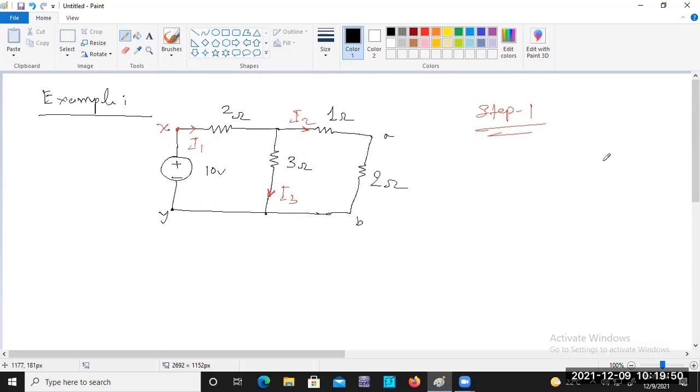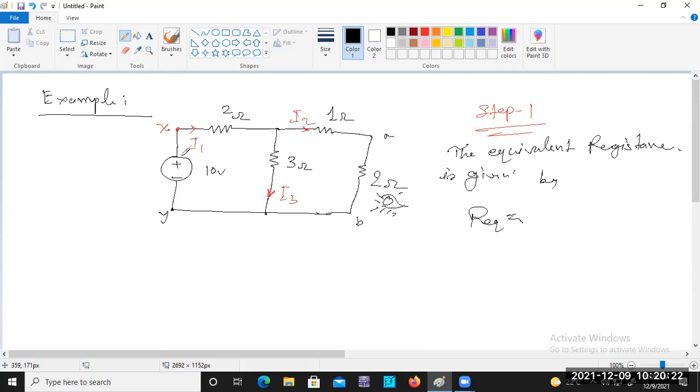So the equivalent resistance across X and Y is given by R equal to, look, you have to watch from here: 2 plus 1, and it is in parallel with 3, and after that it is in series.